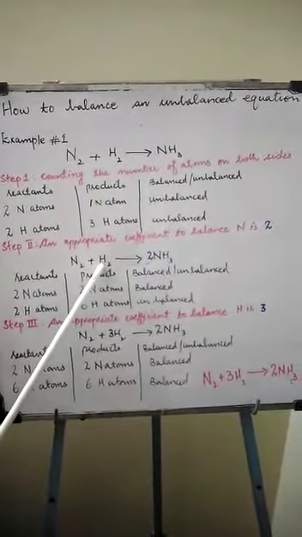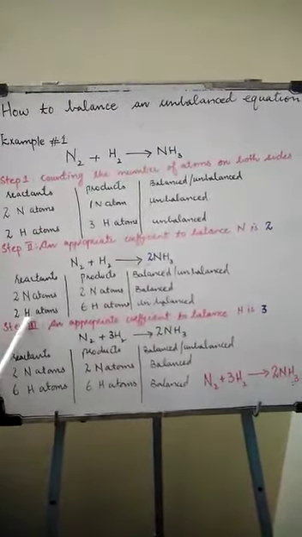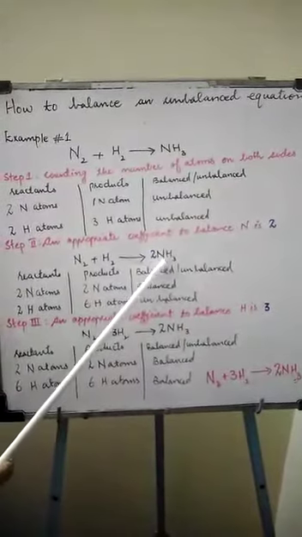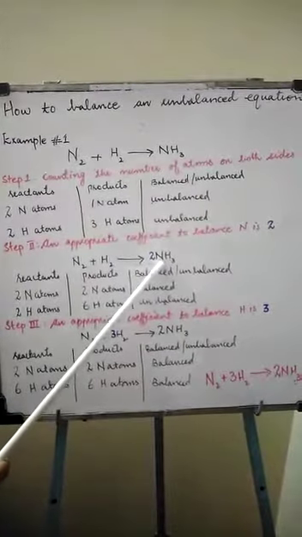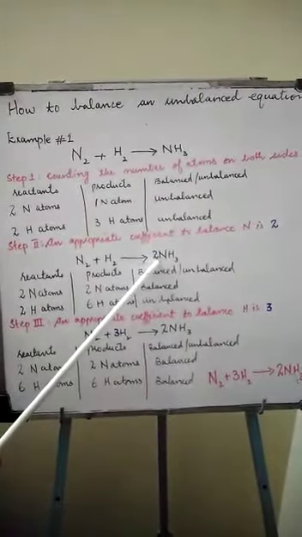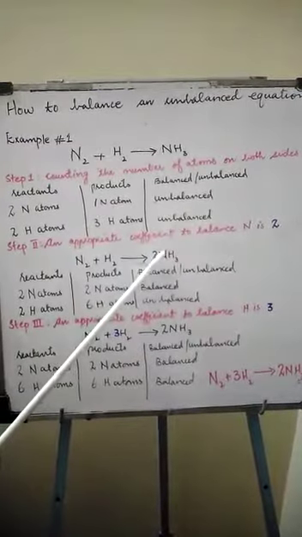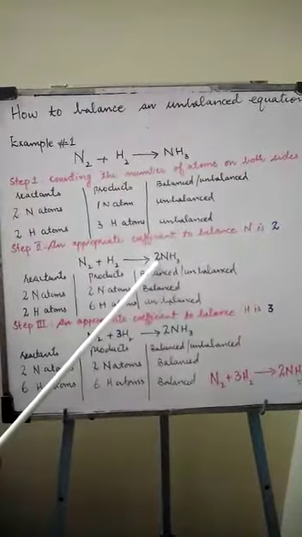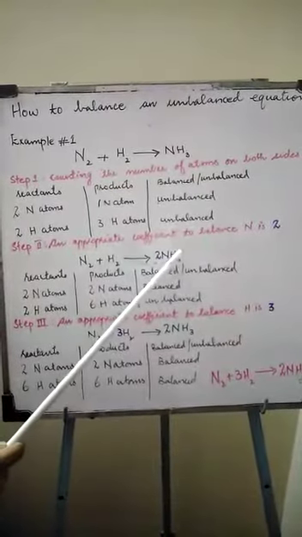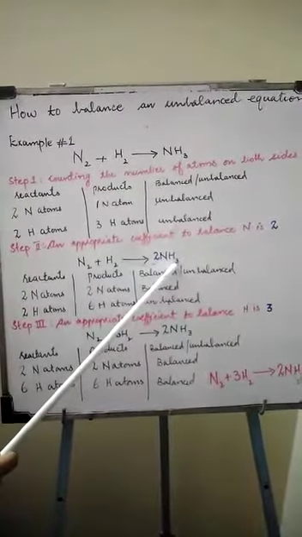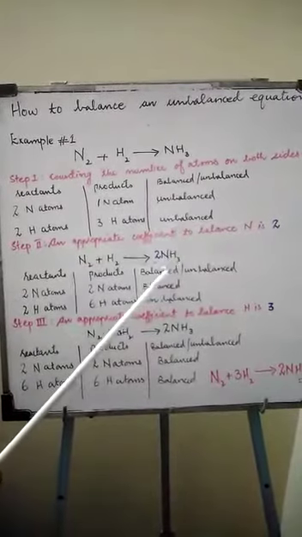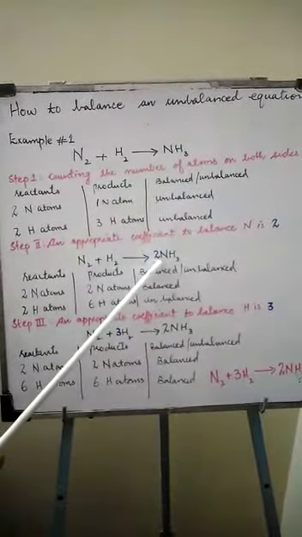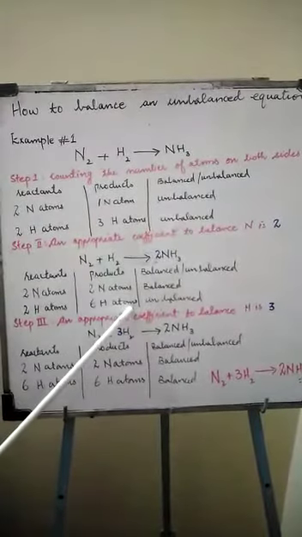Now go for hydrogen. Same, two hydrogen atoms, but the hydrogen atoms have changed on the product side because of the use of the coefficient. The coefficient which we have used to balance nitrogen will multiply with the number of atoms of hydrogen as well. Therefore, now we have 6 hydrogen atoms.